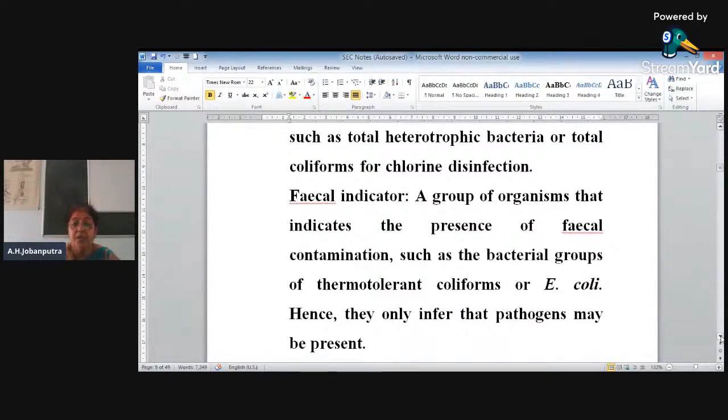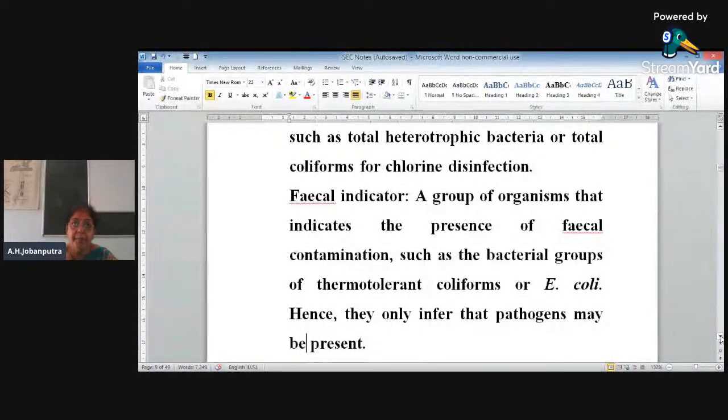If such bacteria are present in the water, we can say that that water is not safe for consumption. They include the thermotolerant coliforms or E. coli. What is the meaning of coliform? Coli means intestine. So the bacteria which are present in the intestine are known as coliform. Thermotolerant means they can tolerate high temperature.